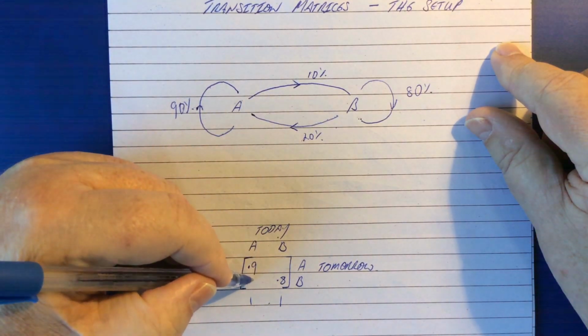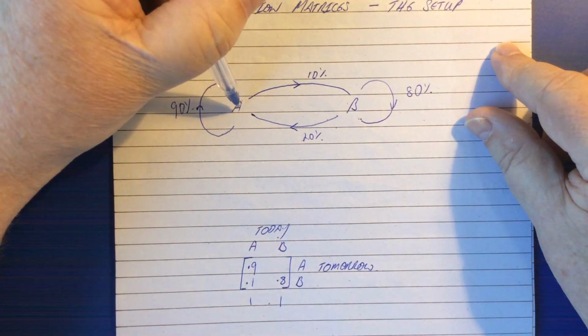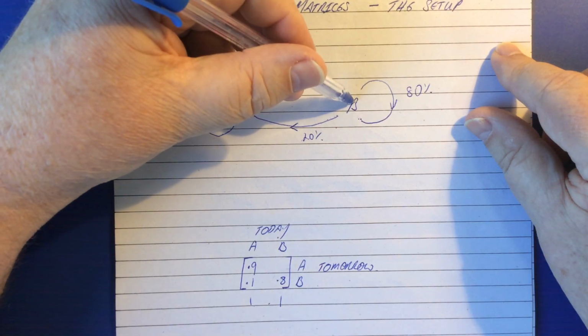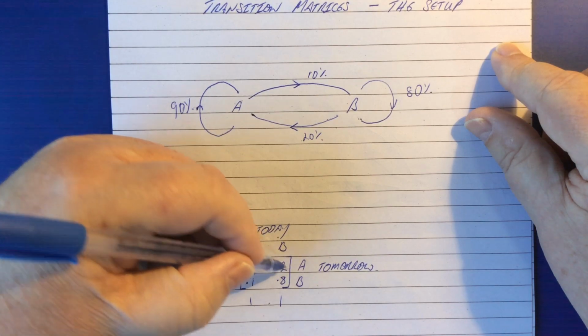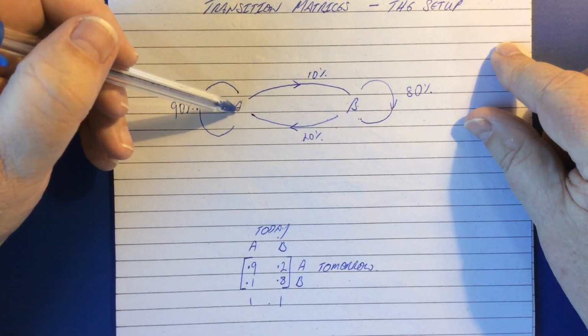So this is 0.1, which indicates that 10% of people who are in A today will have moved to B by tomorrow. And 20% of people who are in B today will have moved to A.